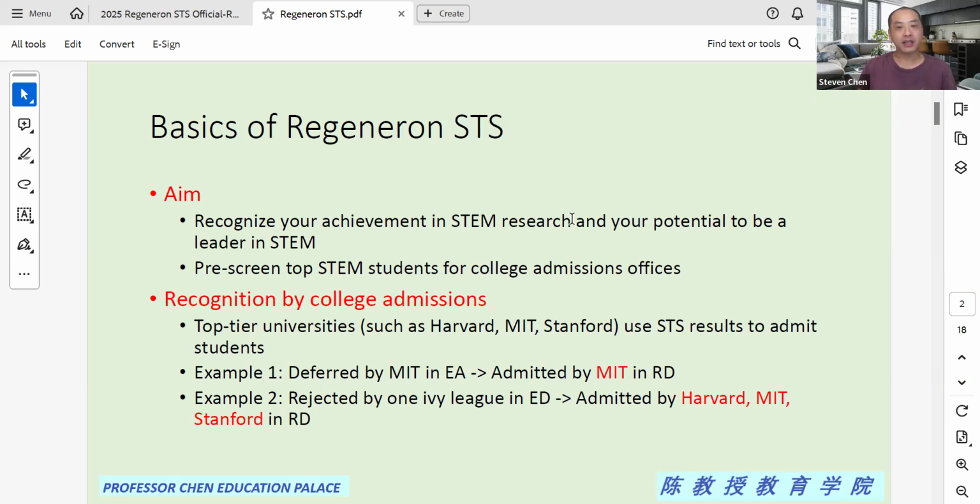Because in the regular cycle, MIT receives additional applications, and among those applications there are some top candidates. So MIT will give priority to first admitting those who newly submit their applications to the RD cycle. So basically, if you are deferred by MIT, your chance to be accepted in March will be super low. But this student was a very good example, where this student actually got the Regeneron STS award. So finally, MIT decided to admit this student.